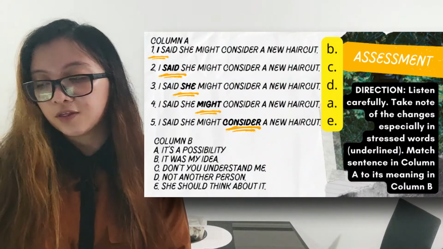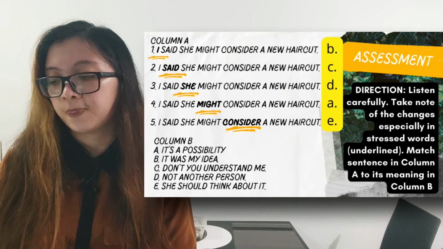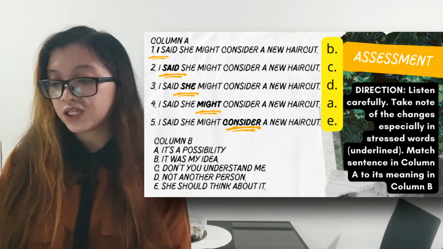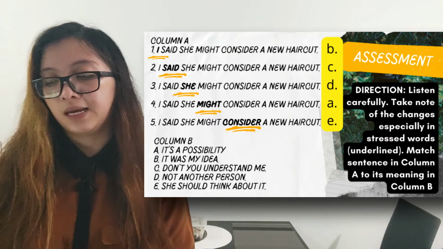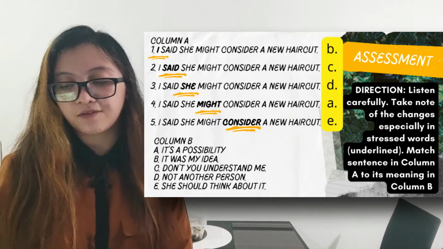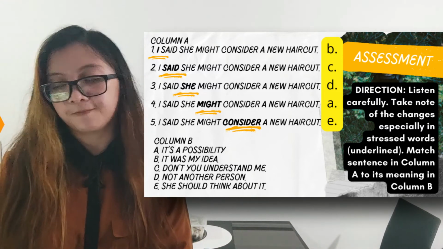Number 3, the answer is letter D. It means not another person. Number 4, the answer is letter A. It's a possibility. And number 5, the answer is letter E. She should think about it.